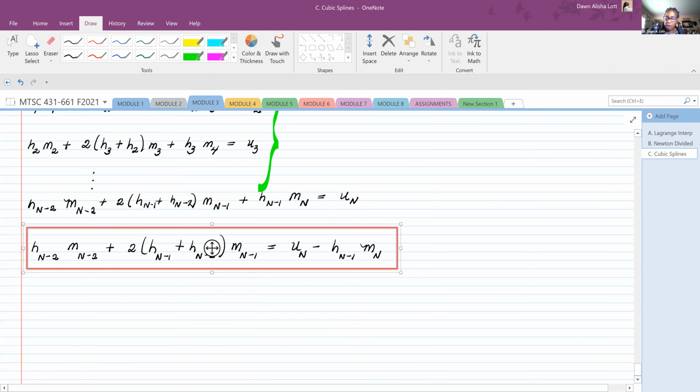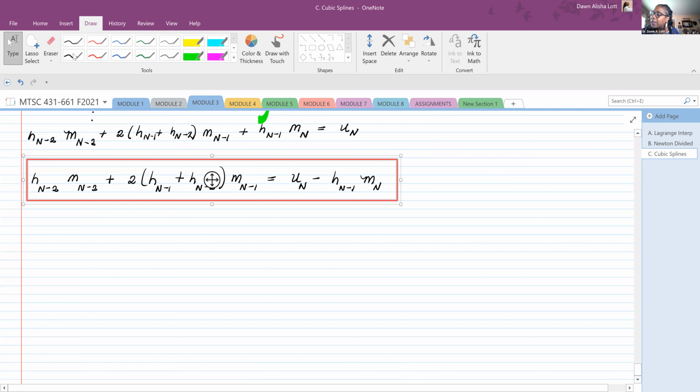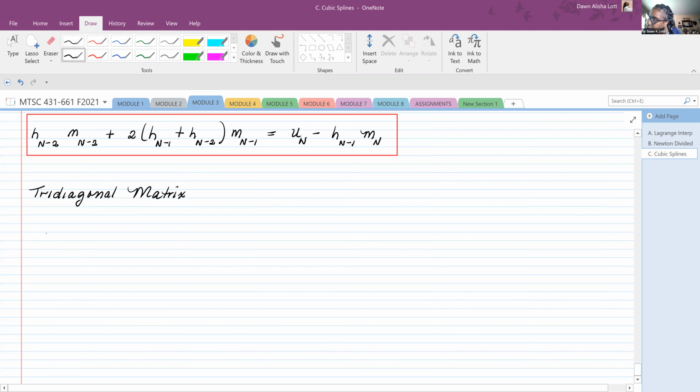So now we're going to end up with a tridiagonal matrix that's going to look like B1, C1, and nothing.